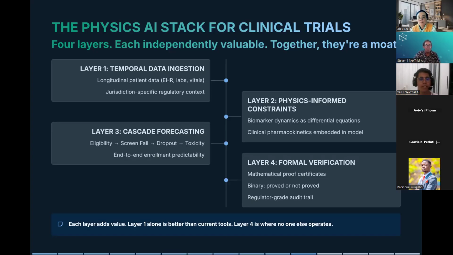Then we come to the cascade forecasting, as Stephen explained before. So we have the eligibility of the patient inside the study. We have the screen fail trajectory of the patient. We have the dropout, and then we analyze and match this with the toxicity. The toxicity here is not exactly a single point.